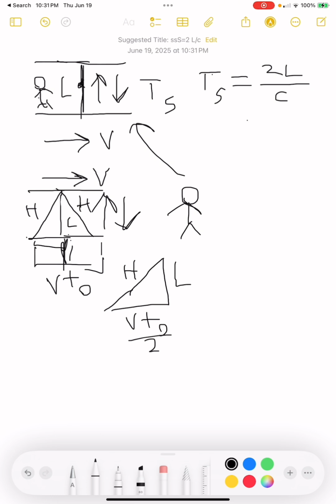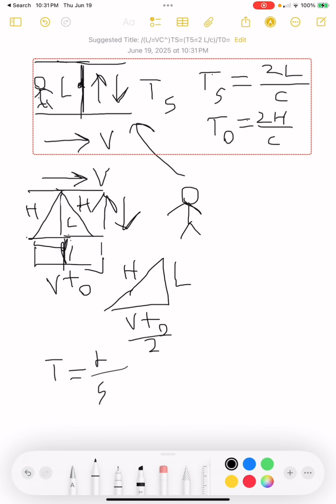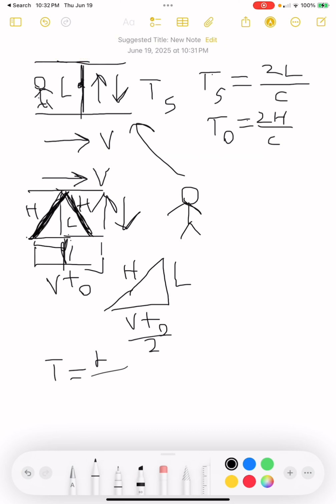And we already know that this is L. So we can write, just by looking at this again, t of 0 has to be 2h over c, because we already said that time is distance over speed. Well, we already know that c is the speed, so that checks out. But the distance, going up and down, we have this h, it's traveling this distance to go up, and it's traveling this distance to go back down. So that's how we get that 2h.